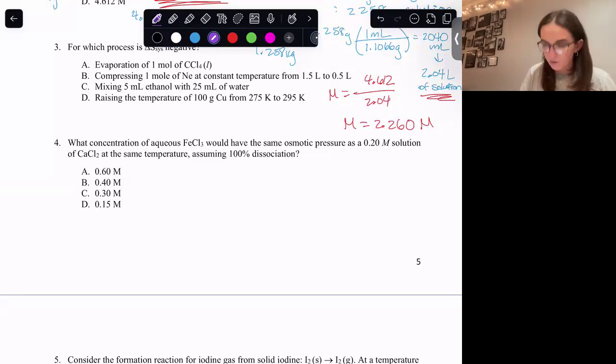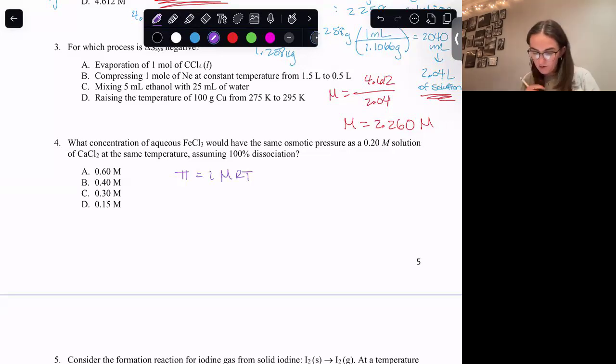Okay, so for question 4 here, we need to know that osmotic pressure is iMRT. So we have a 0.2 molar solution of calcium chloride.